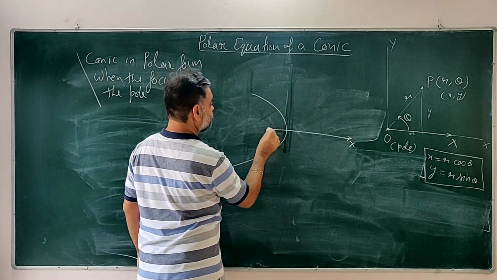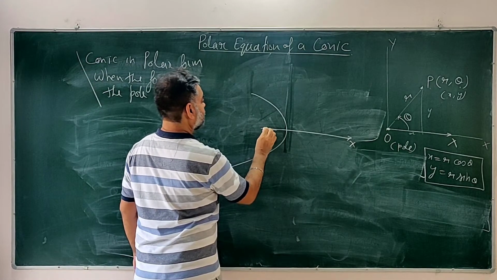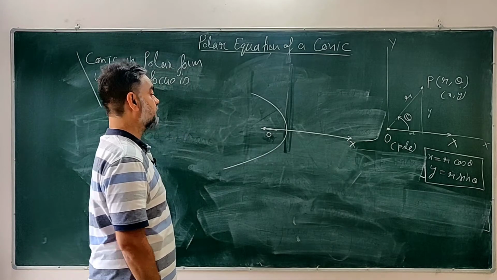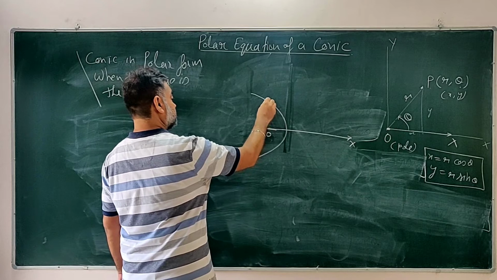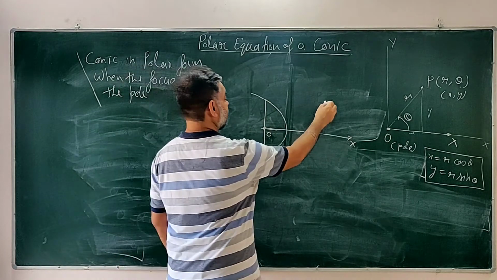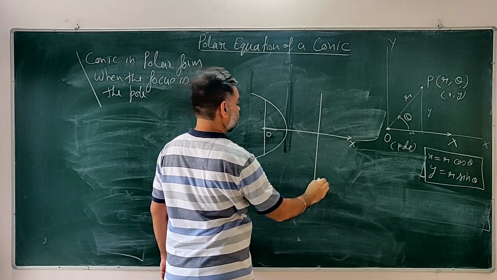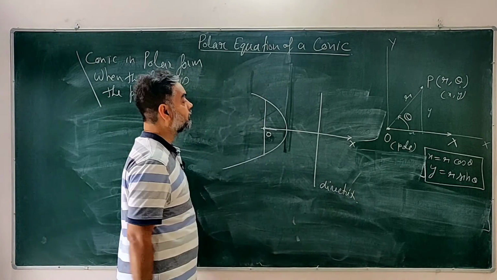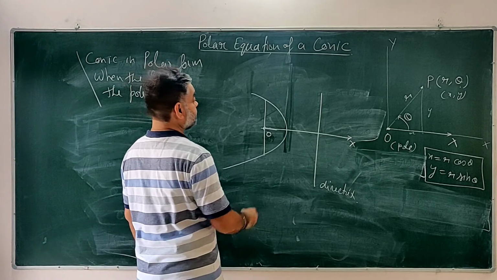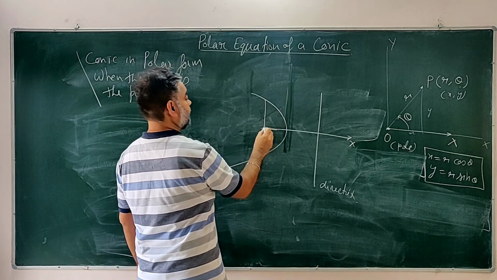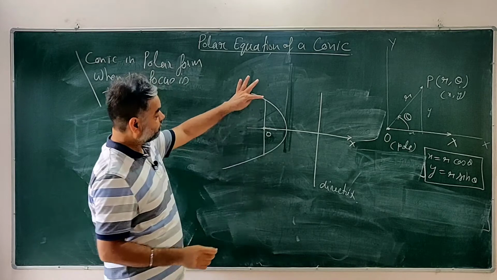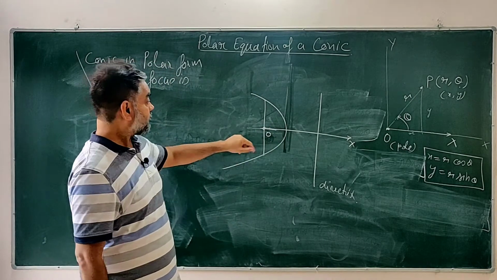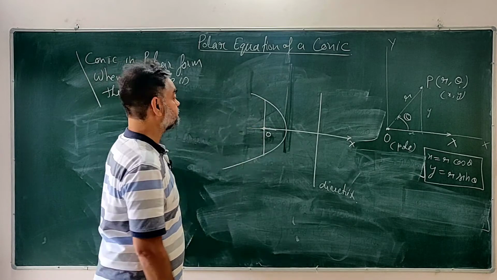So suppose the focus of this conic is the pole and OX is the initial line, and suppose this line near the pole is the directrix. Suppose this is the length of the line which is perpendicular to the axis of the conic and passes through the focus.